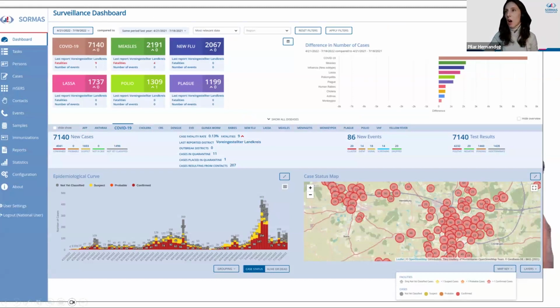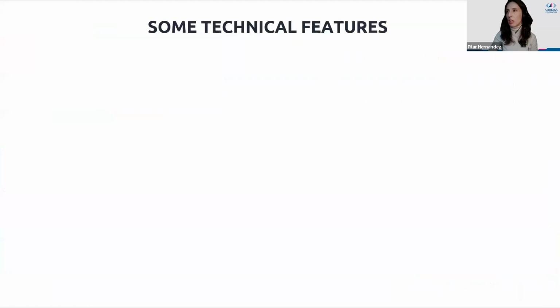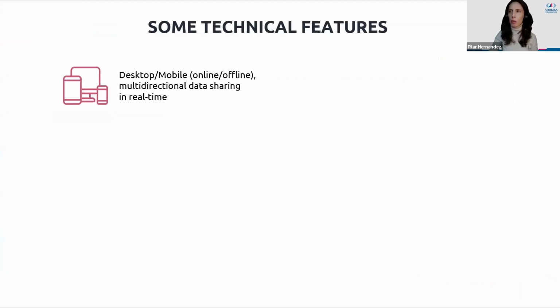So here's how the SORMAS dashboard looks. You see there are some geo-coordinates. You can see epi curves and the summaries for the different diseases. So that's very much in a nutshell some of the technical features of SORMAS. SORMAS can be used on a desktop or mobile.